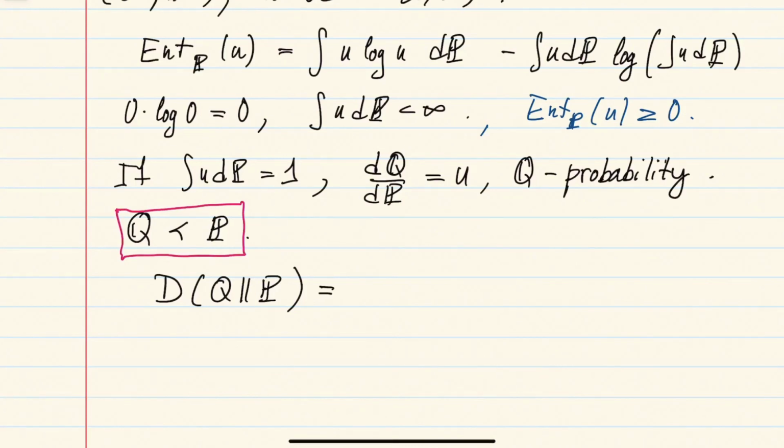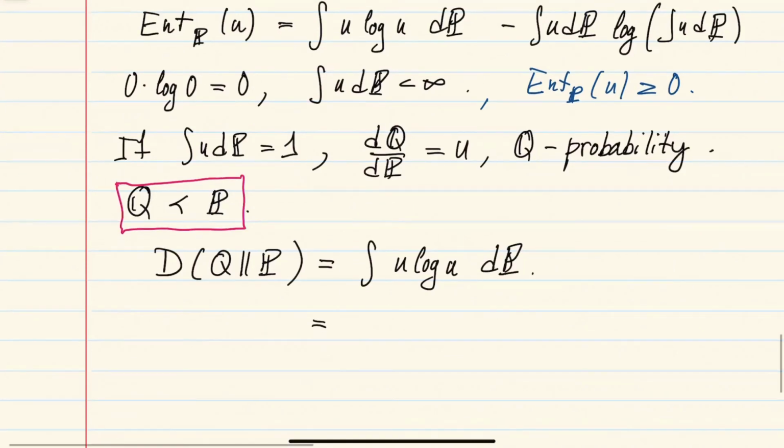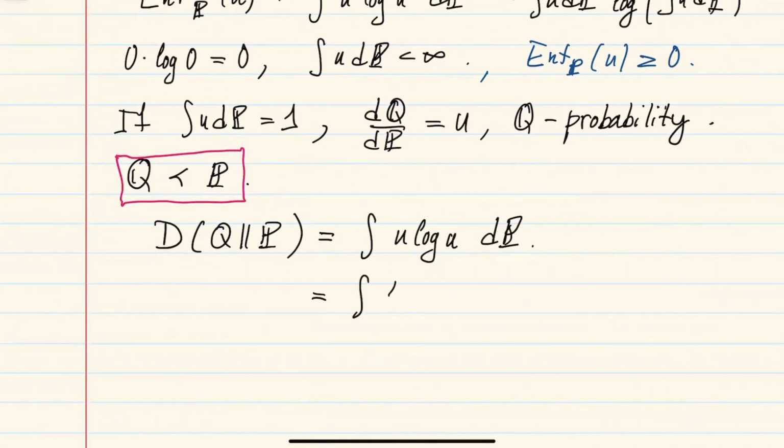And this Kullback-Leibler divergence, well, in this case, first of all, the second term disappears because the integral of u is 1 and log of 1 is 0. So you only have the first term, the integral of u log u with respect to p. And you can conveniently rewrite this as the integral of log of dQ/dP with respect to measure q, right?